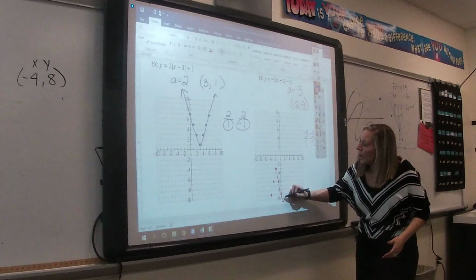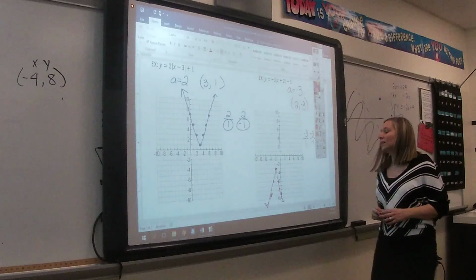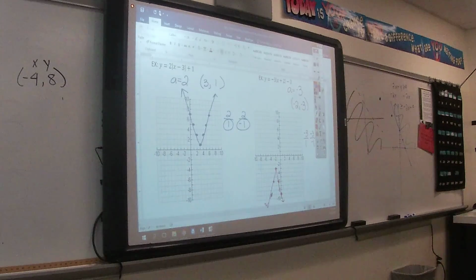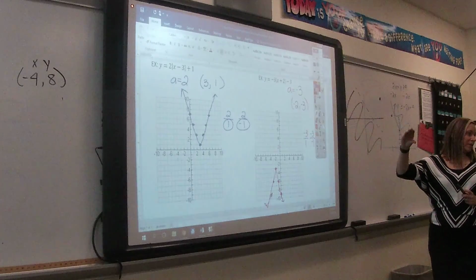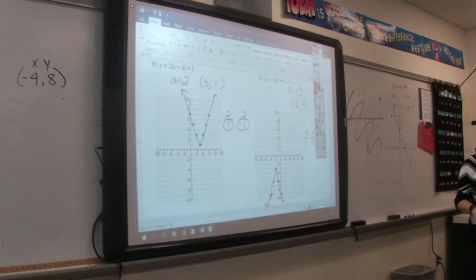So whatever we do to the right, we're doing the exact same thing to the left, just moving the opposite direction. So are they always going to be up like a V, or can they be upside down? It can open up or it can open down, but it cannot open sideways. If you get a V that's sideways, then you're no longer in a function, and then we got a problem.